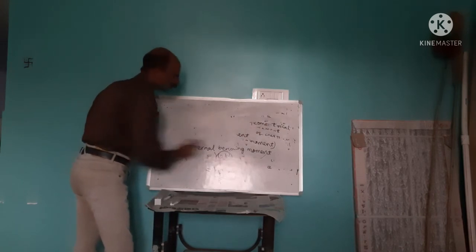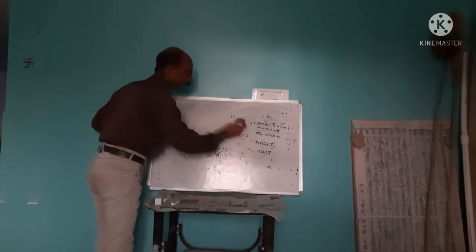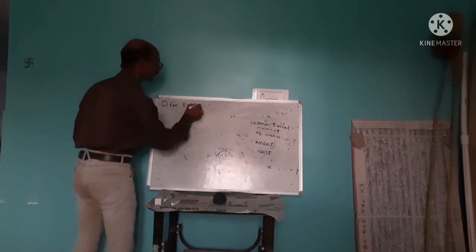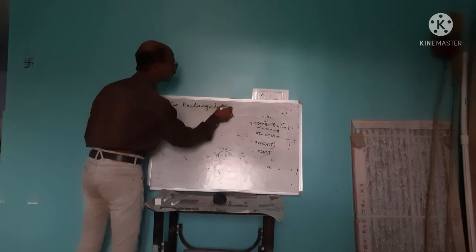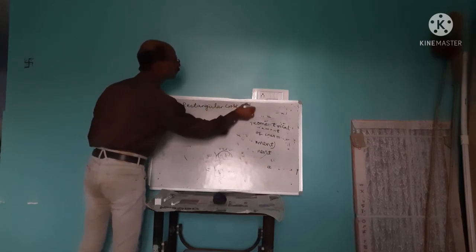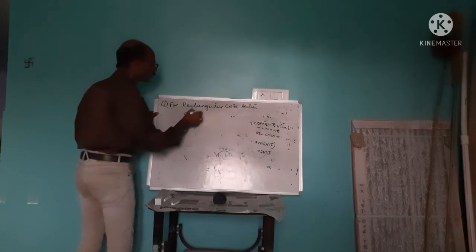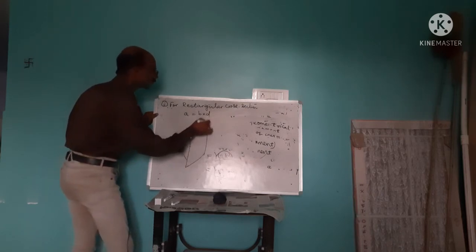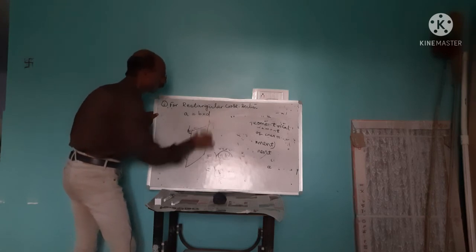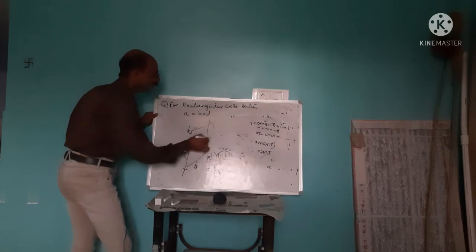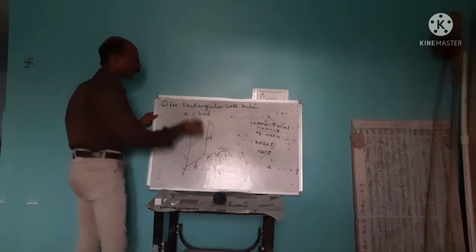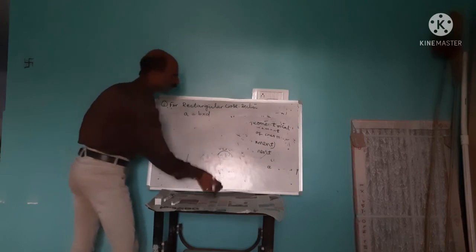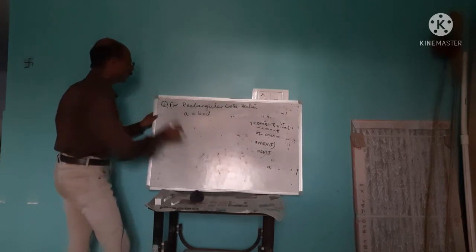Then we will discuss two special cases. For rectangular cross section, our A is equal to B into D. We have taken L, M and T. This is B, this is D. Then its area A is equal to breadth into depth.